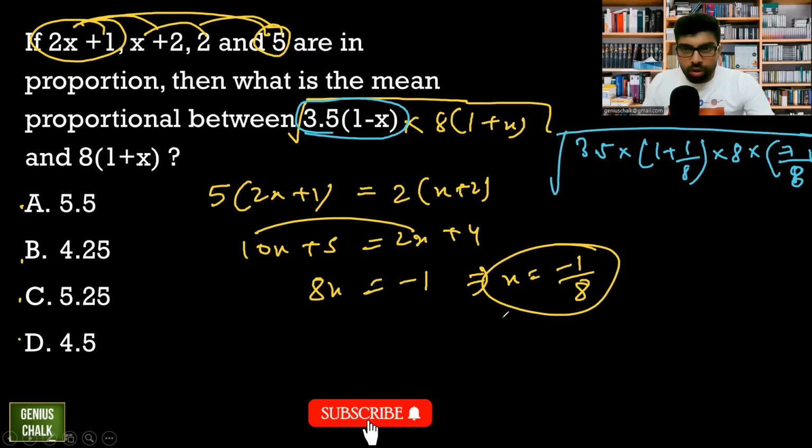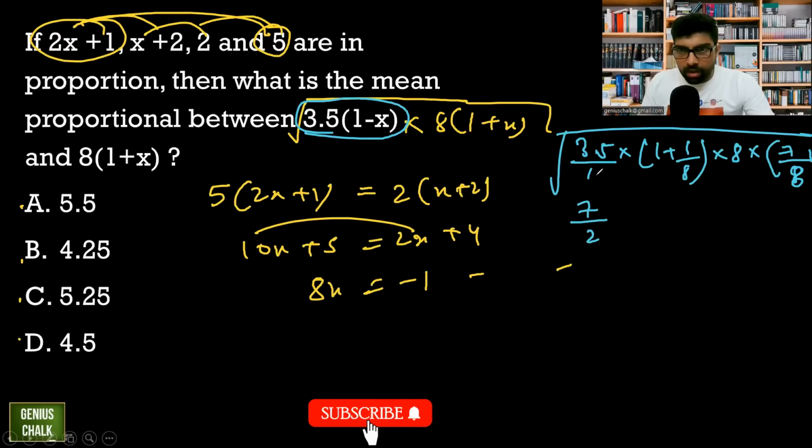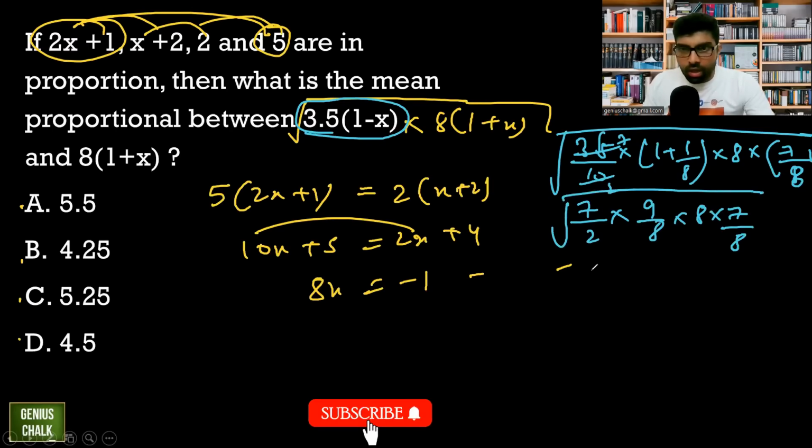So it is under the root. This becomes 3.5, that is 7 by 2. 35 by 10. Multiply, it is 9 by 8, multiply 8, and it is 7 by 8. All are under the root. So the 8s cancel.